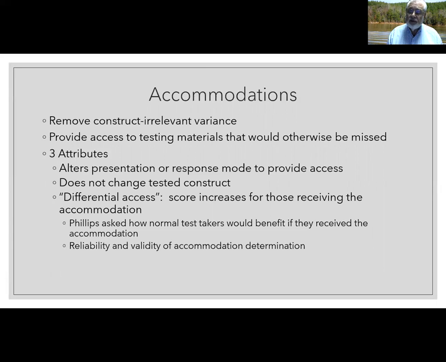So it may be for someone who is blind, they get Braille, or for someone with a visual disability, they get a larger print or a better print, conceivably. And some of these things are easier on paper and pencil, some of them are easier on computer. And basically, we're providing access to materials that otherwise people couldn't do.